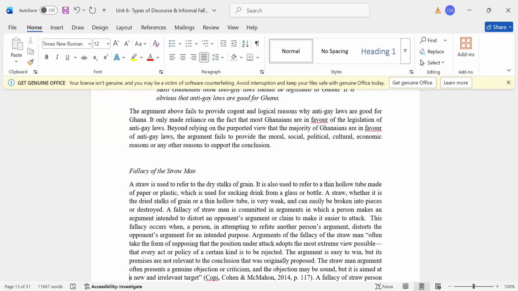When Atta Mills went to Parliament to make a presentation on the economy, he was mispronouncing the word economy, and people focused on that. The opposition focused on that instead of the germane things that he presented. That is a fallacy of the straw man.